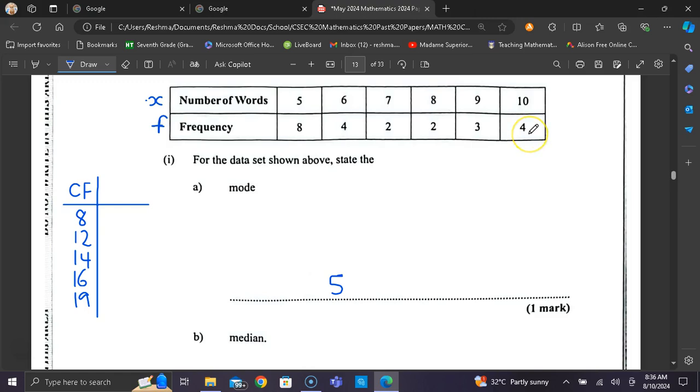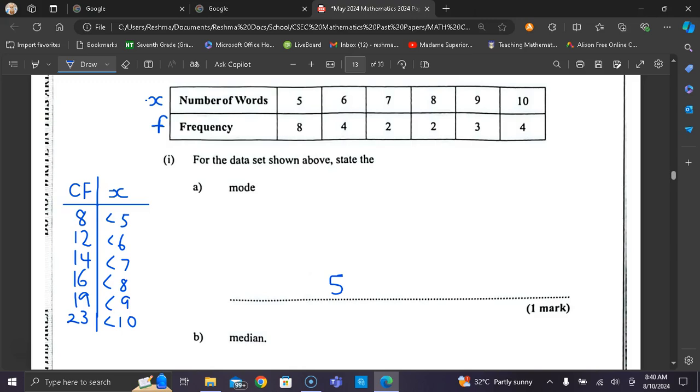And 19 and 4, 23. In this column, I'm just going to list out the X values that we have, which is our data: up to 5, up to 6, 7, 8, 9, and 10.